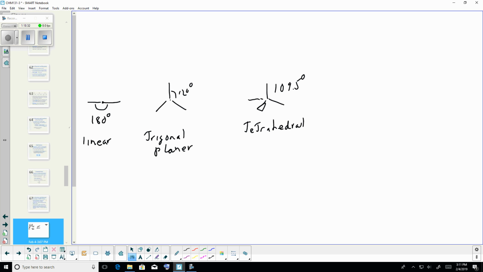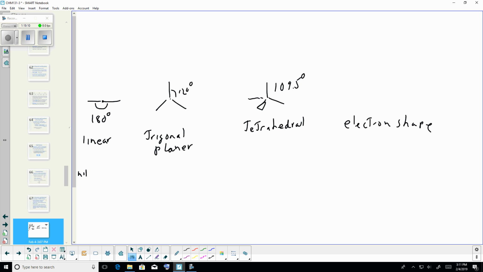Okay. So we're going to go back to the linear one. So I have the electrons. I can put another atom on each side. So this would be the electron shape. Down here, I'm going to put the molecular shape.